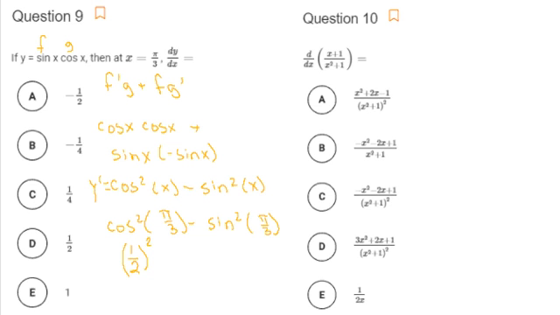So we have 1/2 squared minus sine at pi over 3, square root 3 over 2, squared. So that gives us 1/4 minus 3/4 equals a negative 2/4, which we know better as negative 1/2.